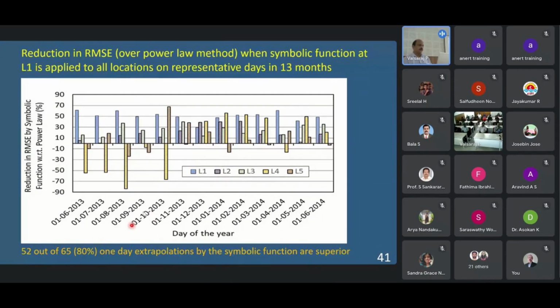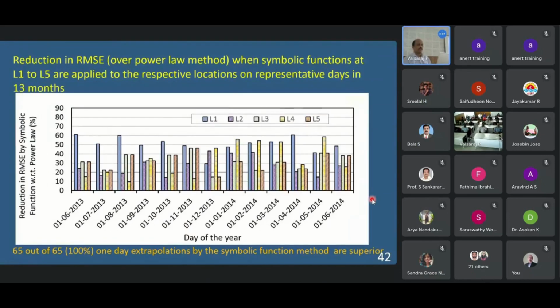Overall, if you take all these, 52 out of 65 cases, around 80%, show superiority of the symbolic function method. Whereas if you take the symbolic function from L1 and apply it at L1, the symbolic function from L2 and apply it at L2, like that, then all are better than our industrial power law method.